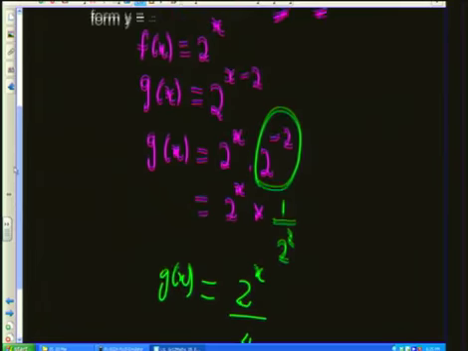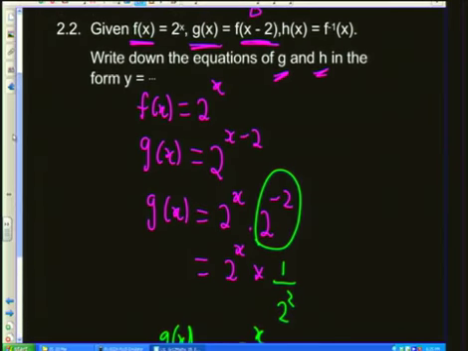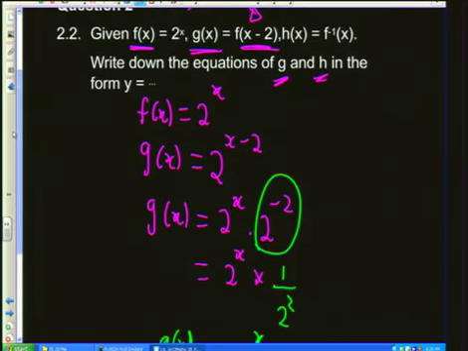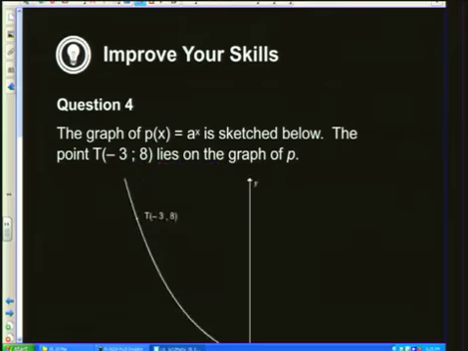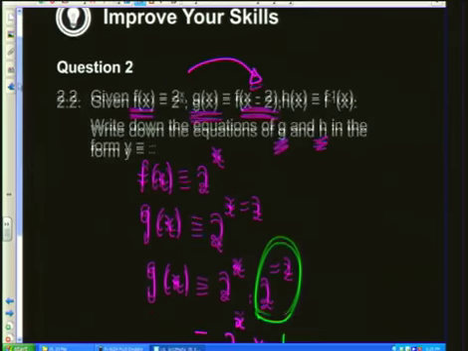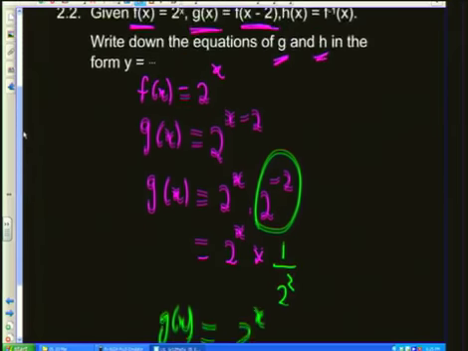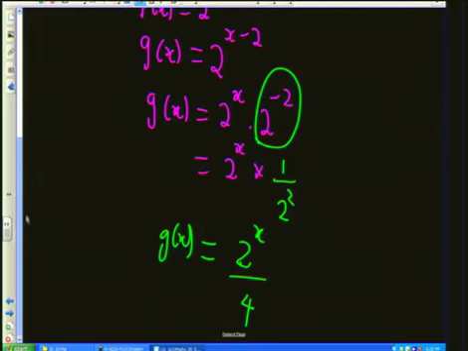Now you need to write down the equations of g and h. So we've done g, we need to work out what h is. And h is the inverse of f. Now, f is given as 2 to exponent x.